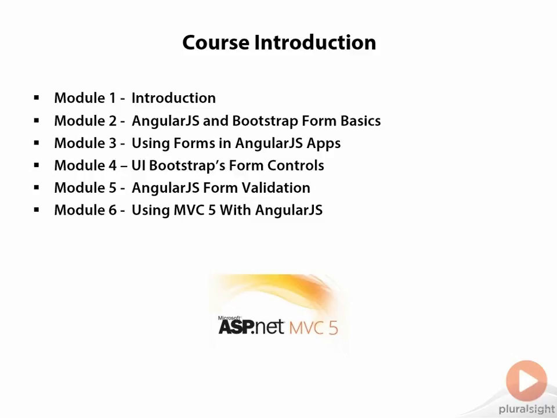We'll cover server-side validation, binding posted data to view models, and returning status codes and messages back to AngularJS. Most of this module uses a standard MVC5 controller, but we'll see how to get things working in Web API 2 as well.